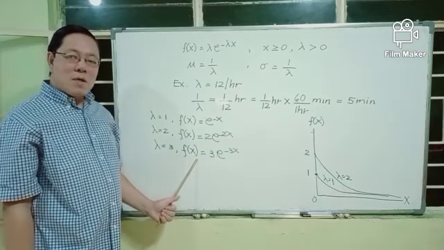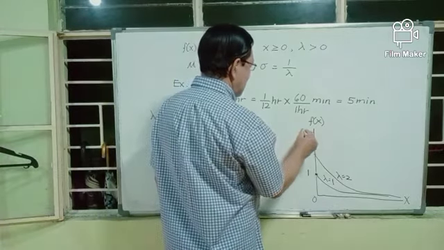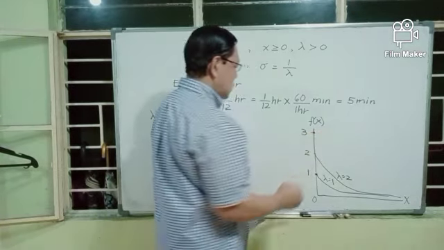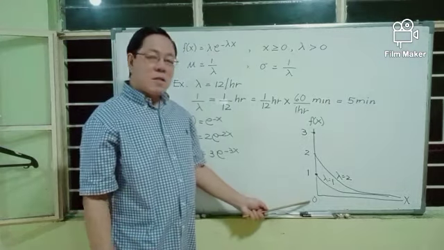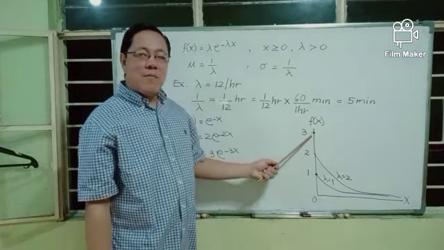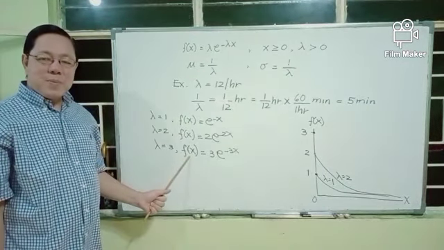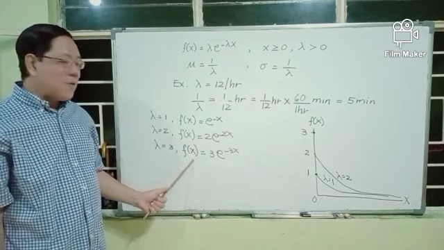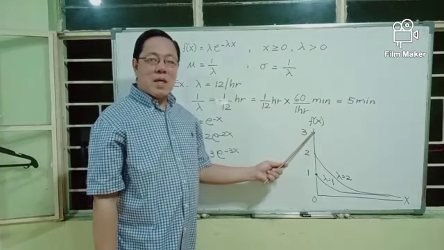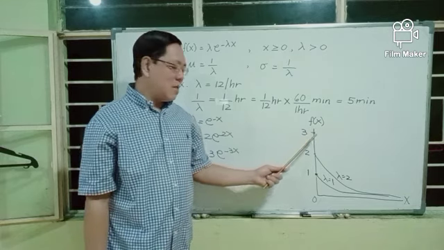So when x is 0, f of x equals 3, which means that the graph of this probability density function f of x will intersect the vertical axis at the point 3.